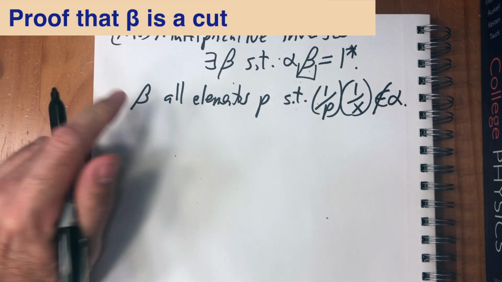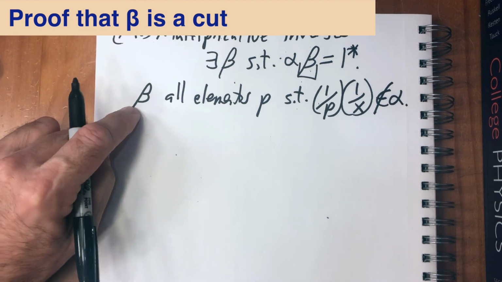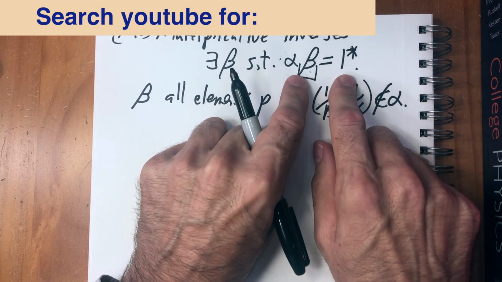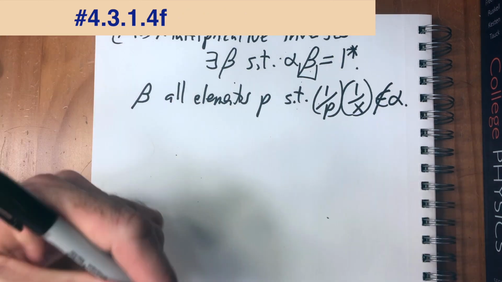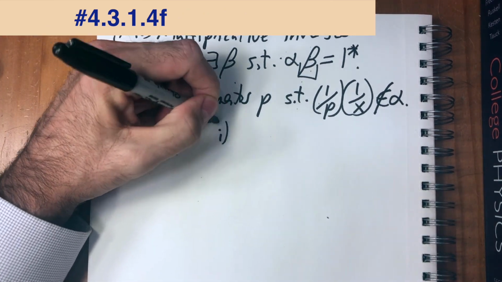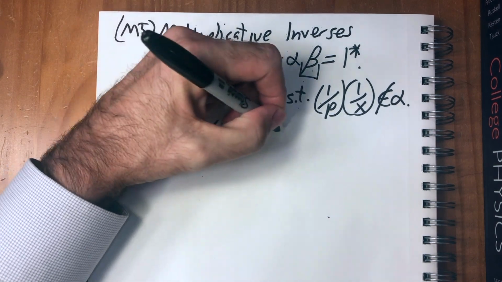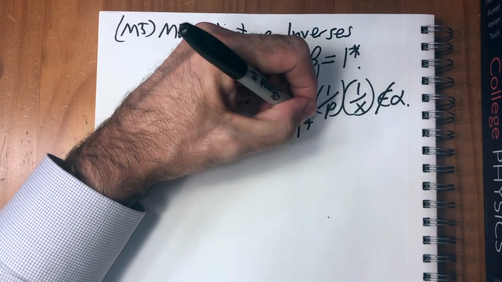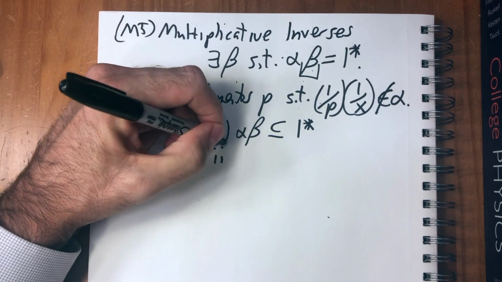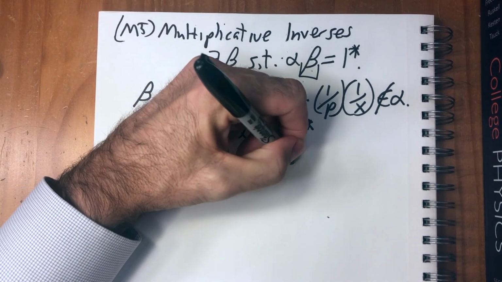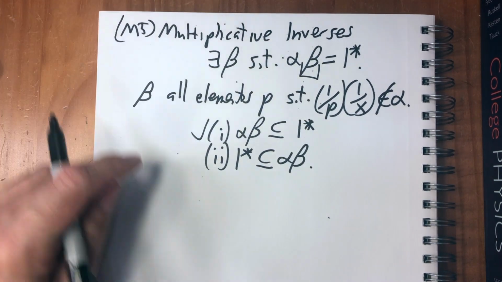So the first thing we had to do was prove that this is a cut, which we did. And then we have to prove that these two sets are equal. And we do that by proving inclusion in both ways. First, that alpha beta is a subset of 1, and then that 1 is a subset of alpha beta. We've already shown this one, so we're down to this.